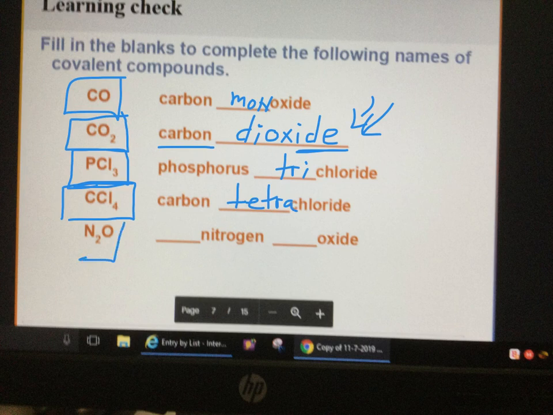Now our last one, N2O. Di is my prefix for 2, so it's dinitrogen. And I don't have an oxygen number, so that means it's only 1. The prefix for 1 is mono, so monoxide. And that's it.